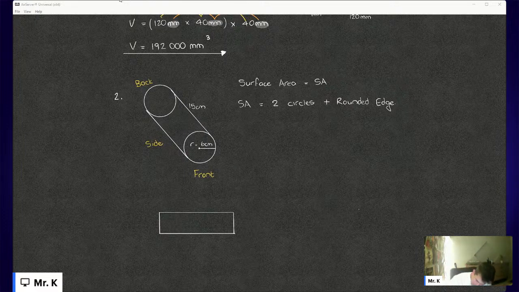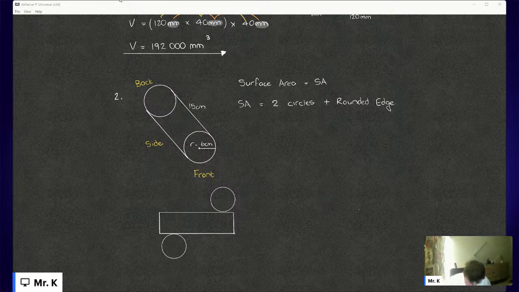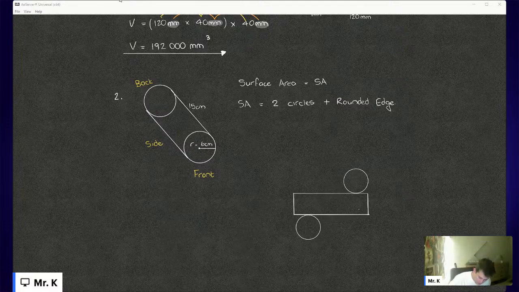So we would have a rectangle, but then we would also have two circles that would serve to be the top and bottom of our cylinder, right? So this is what our net for the shape would look like very roughly, guys, just as an example. So this proves what we've just mentioned now.